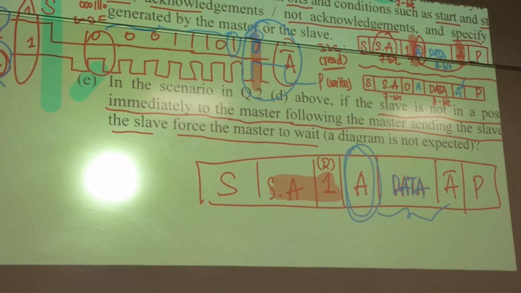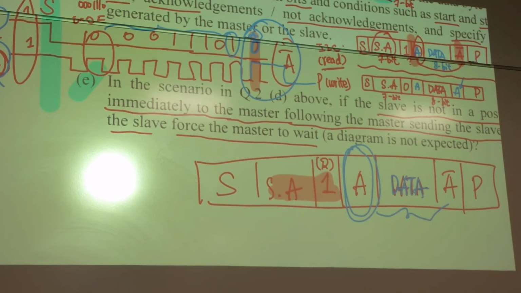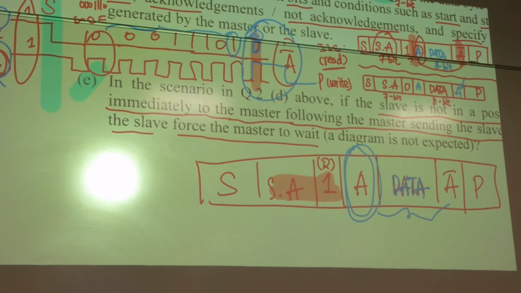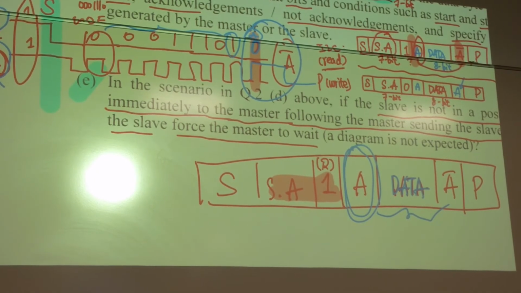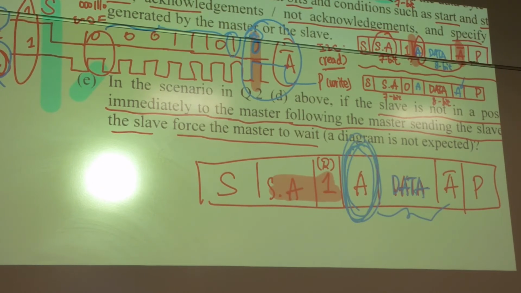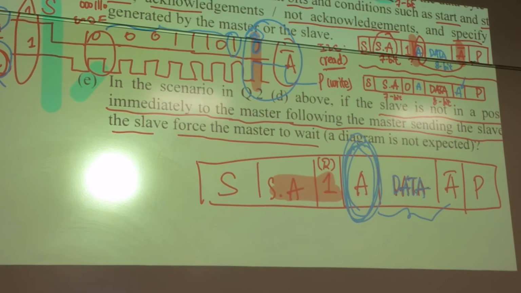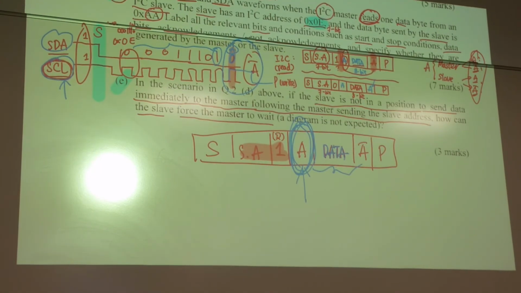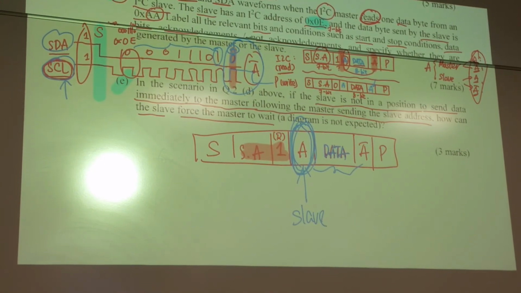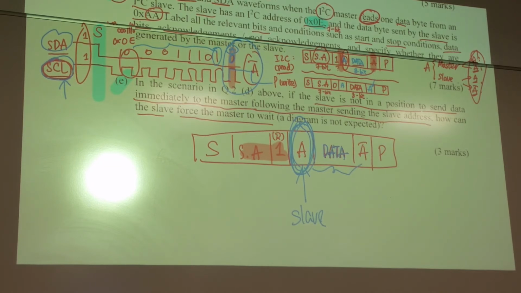You are stretching it a bit longer while you finish whatever you are doing. Your slave could do that. If you read the lecture notes, it is able to do that.